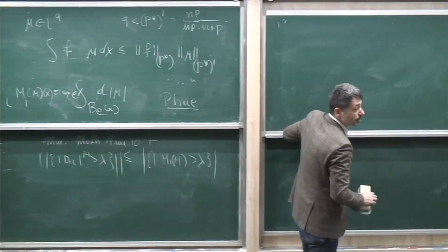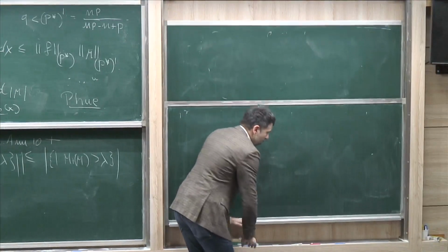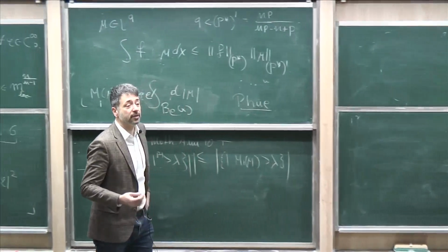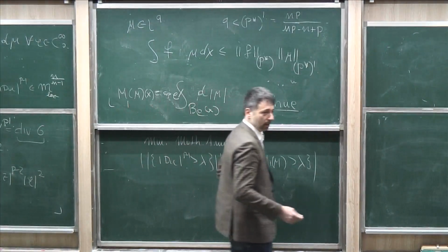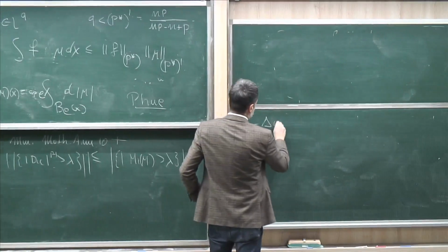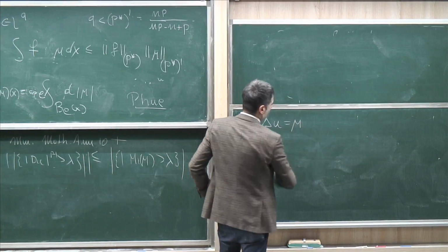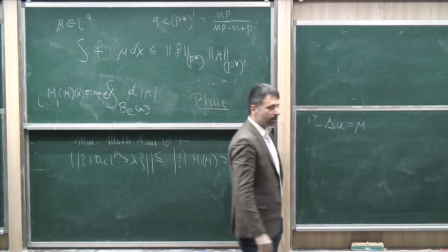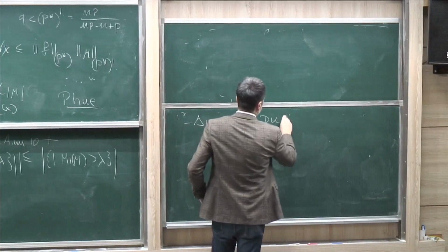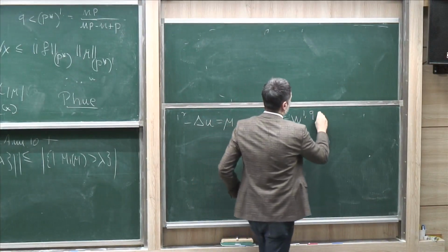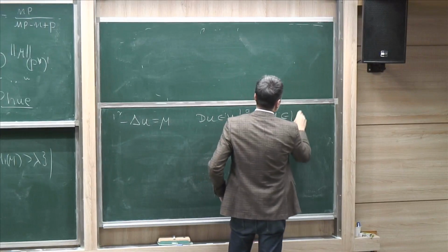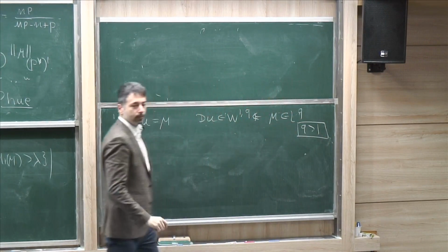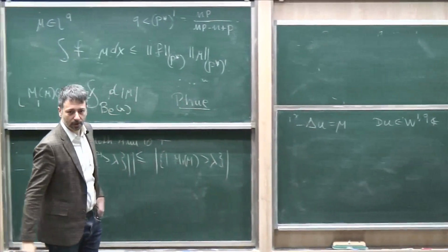The point is the following one. Now, we do not look at integrability properties of the gradient, but we look at differentiability properties of the gradient. Therefore, we go back to this problem, and you see that if mu belongs to L^q, then it is known that Du belongs to W^{1,q}, but this is true as long as q is larger than 1. Okay.